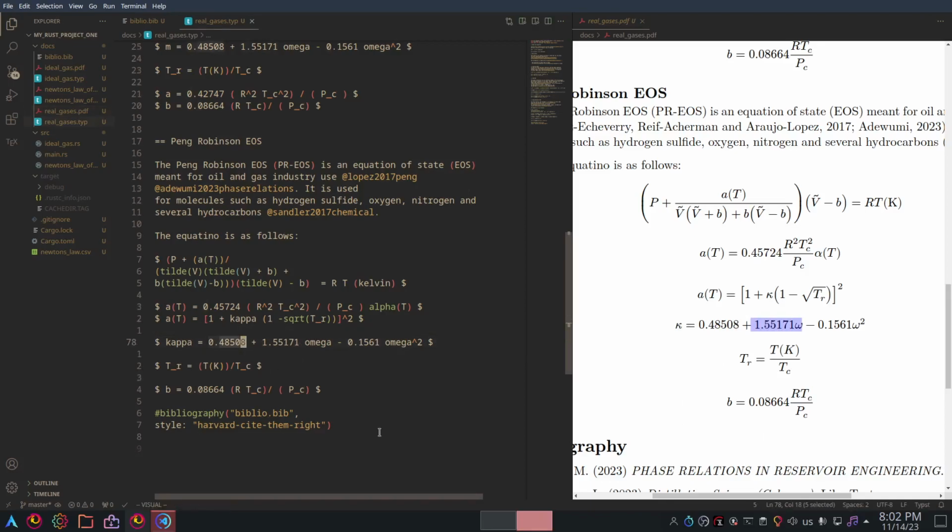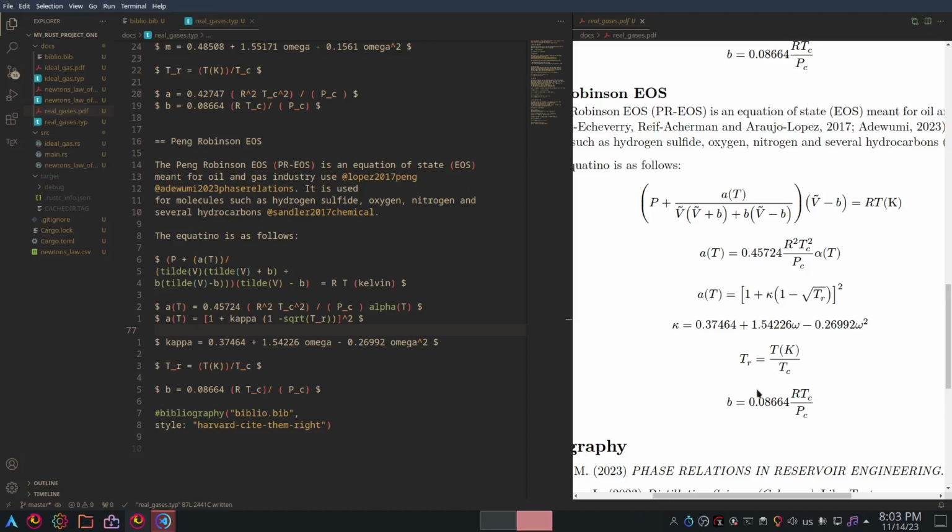The coefficients are 0.37464, 1.54226, and here will be 0.26992 omega squared. So this is just a slightly different expression for a. You have a different expression for this a of T here.